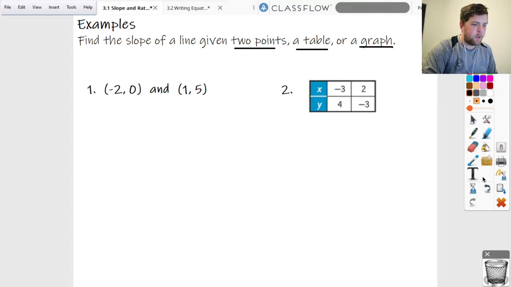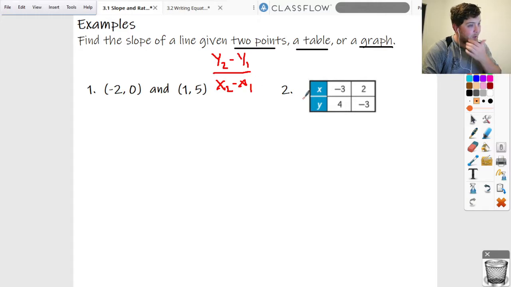When I'm given 2 points, I want to use the slope formula. So the slope formula is y2 minus y1 over x2 minus x1, and you might be thinking, Coach Perkins, that doesn't make any sense. What's x1, what's y1? They just give you points. So remember, points are just given to us as x comma y.